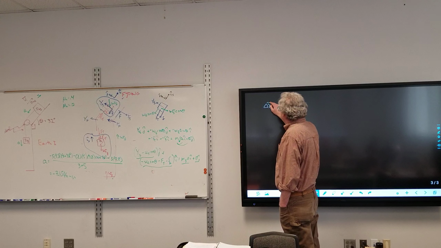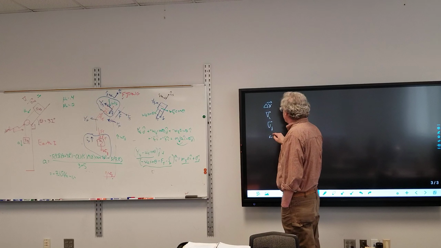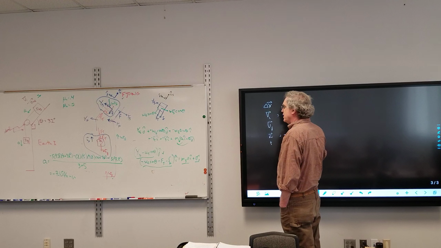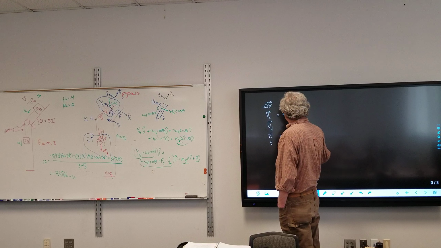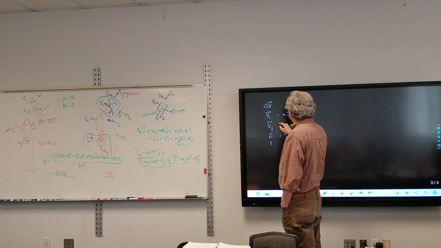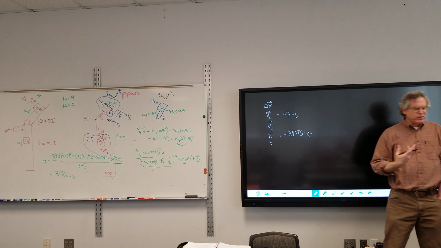I'm looking for displacement, initial velocity, final velocity, acceleration, and time. Initially going positive 7 meters per second. My acceleration is negative 7.9596 meters per second squared. And I need 3 things. What's the third thing?